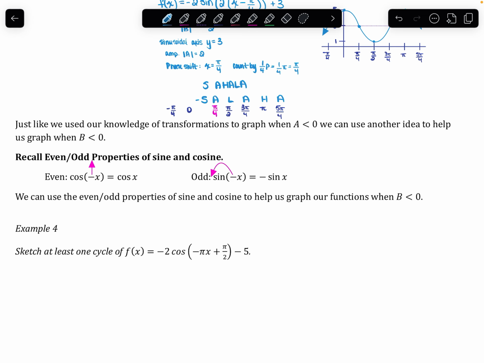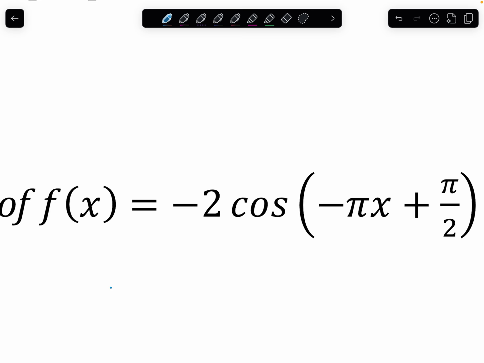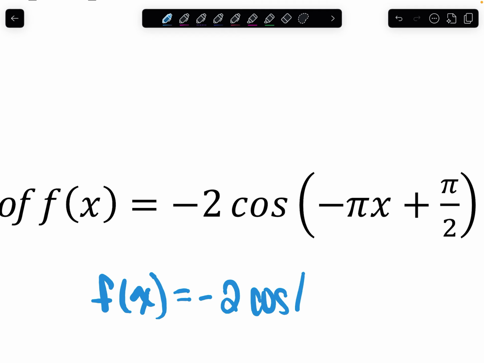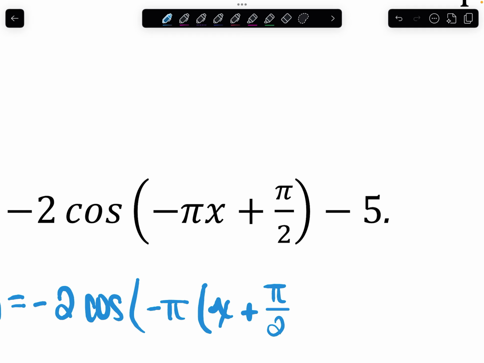All right, -2 cosine of negative pi x plus pi halves. First things first, it's not in the correct format. I'm going to separate the negative pi from the x, which means that pi halves has to be multiplied by its reciprocal, 1 over negative pi.